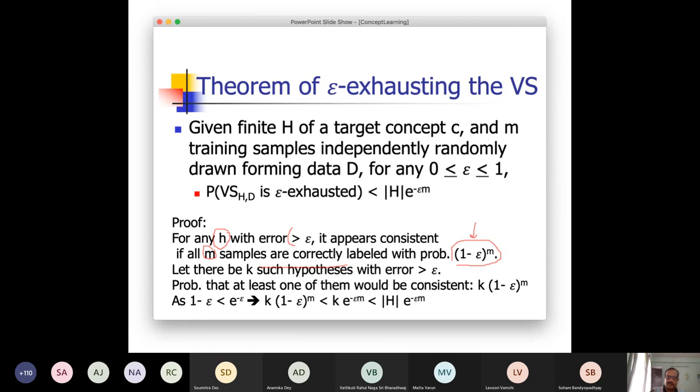Is it clear? Now consider that in your hypothesis space there are k such hypotheses, because it is not only one hypothesis, but there could be multiple hypotheses which are consistent with your training data but whose true error is greater than epsilon. We want that none of them should be in your version space.